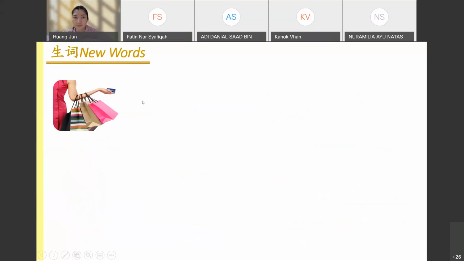Then over here we have this activity, shopping. Buy, 买. 买 means buy. But if you hear people say 买东西, two words together is a verb. 买东西 we can translate as shopping.